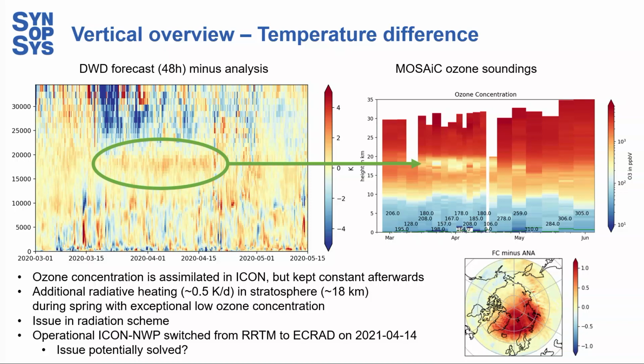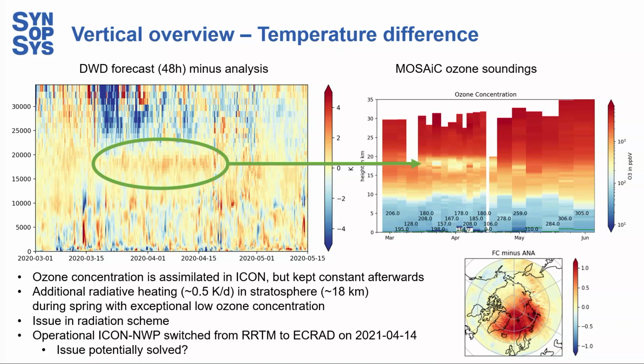That's quite interesting, because on a very basic level, one would think less ozone, less absorption of UV radiation. Why do we get a warm anomaly there? The ozone is assimilated in ICON, so everything should fit. But still we have an additional heating there, 0.5 kelvins per day.